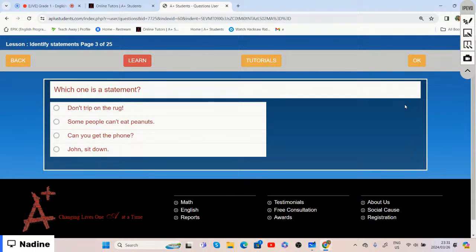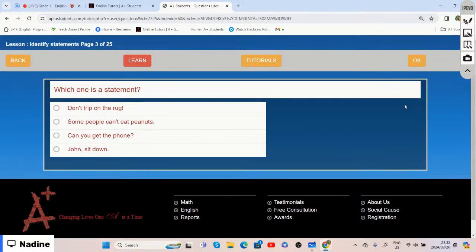The third one is can you get the phone? And the fourth one is John, sit down. So you need to tell me which one is a statement where you're just telling a random thing. Nobody needs to respond to that. It's like you're just saying something.